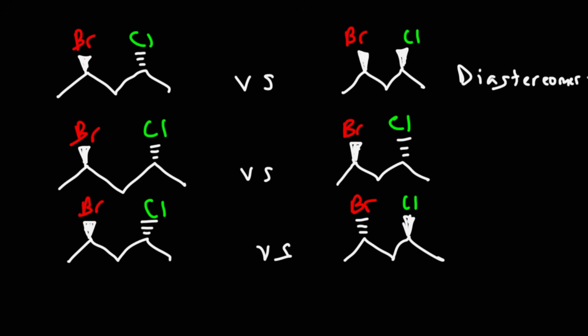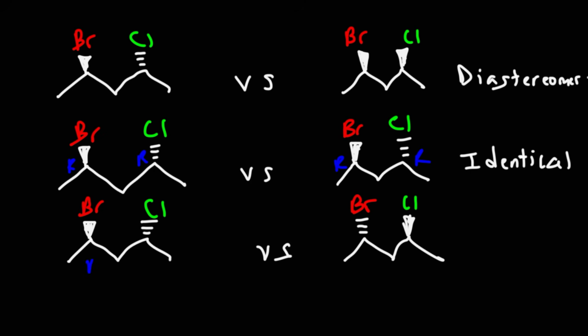So if we assume these two are R, notice that they didn't change. So what we have here are identical compounds. They're connected the same, they have the same number of atoms, and the configuration is the same.